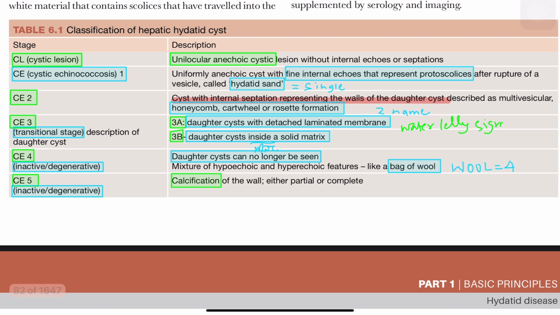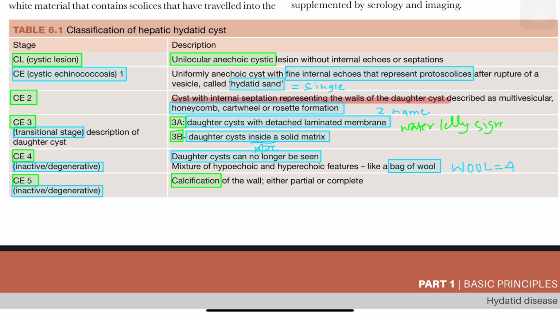Now 3 is also divided into 3A and 3B. 3 is the transitional stage. 3A is a daughter cyst with detached laminated membrane, also known as the water lily sign, and 3B is daughter cysts inside a solid matrix. We will see this in other books.